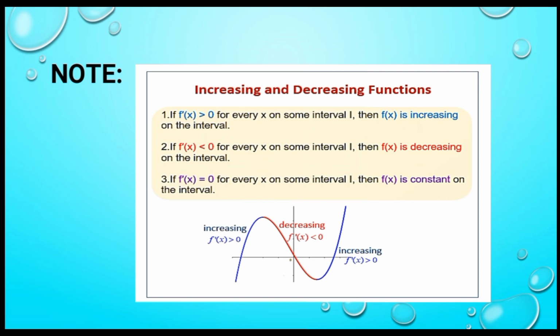Number 2, if f prime of x is less than 0 for every x on some interval I, then f of x is decreasing on the interval. Then lastly, if f prime of x is equal to 0 for every x on some interval I, then f of x is constant on the interval.